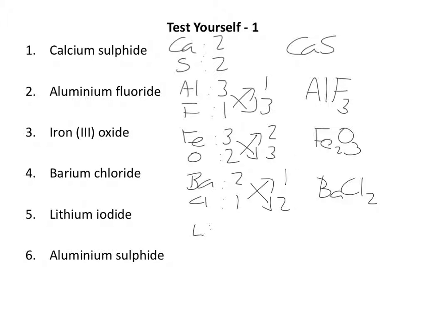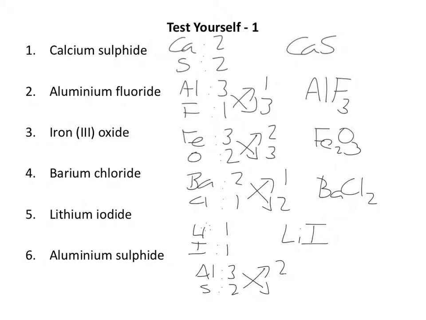Lithium iodide. Here we've got lithium. I'm struggling to use my pen now. So lithium has a valency of 1. Iodide has a valency of 1 as well. They're both the same, so I'll have lithium iodide like that. And aluminium sulfide. Aluminium has a valency of 3. Sulfide has a valency of 2. We swap them again because they're different.